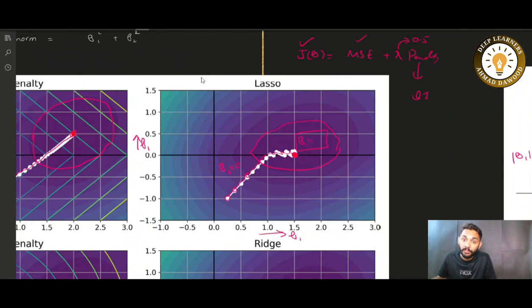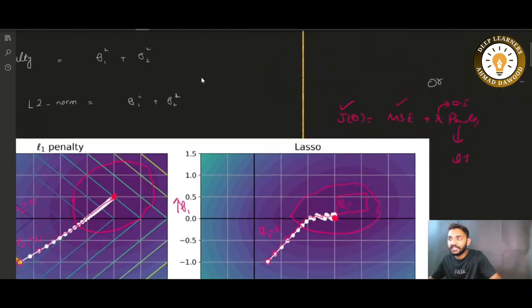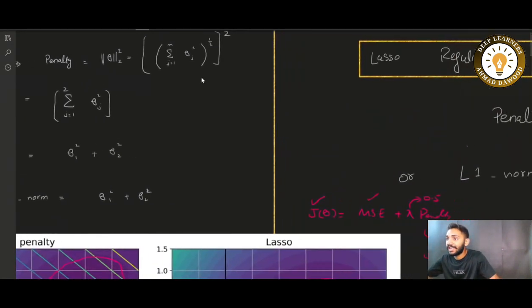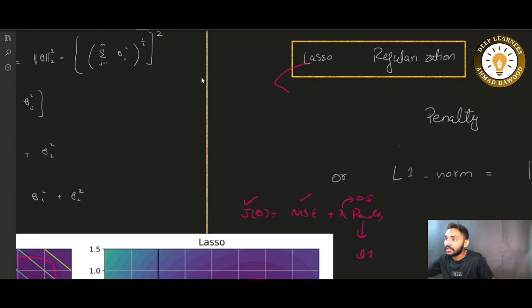L1 penalty tries to make some coefficients equal to 0. You can say Lasso or L1 penalty makes the coefficients of less important features equal to 0.